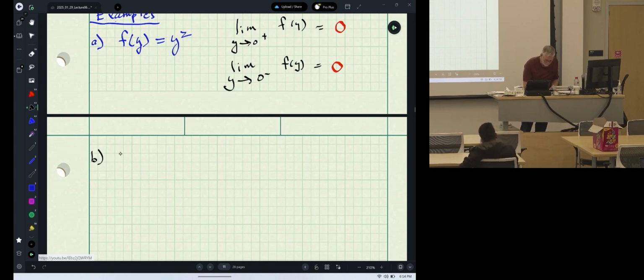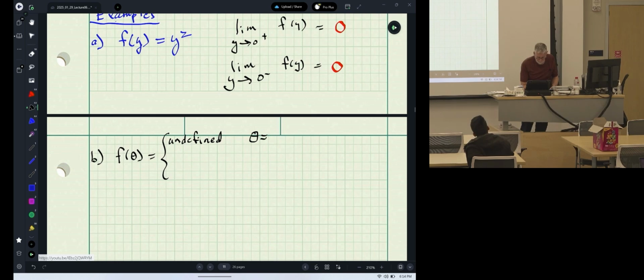B. f of theta is undefined when theta equals pi over 2 plus or minus k times pi, k equals 0, 1, 2, and so on.